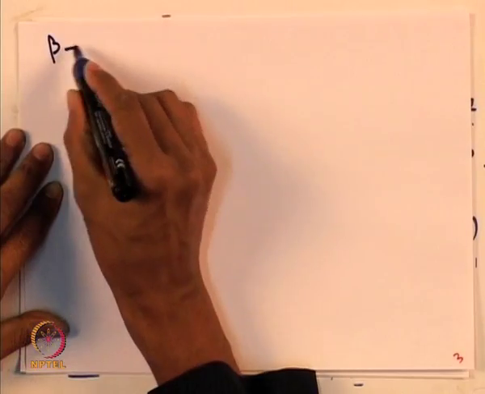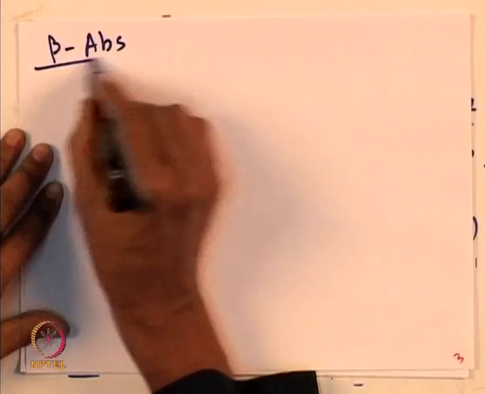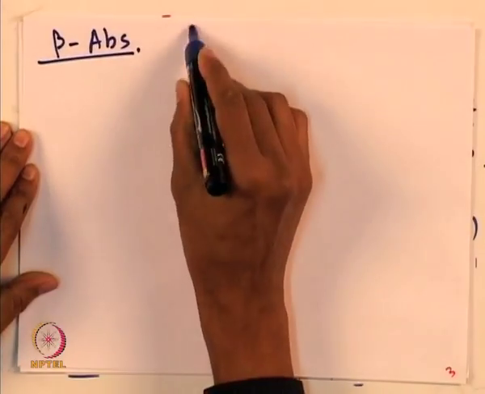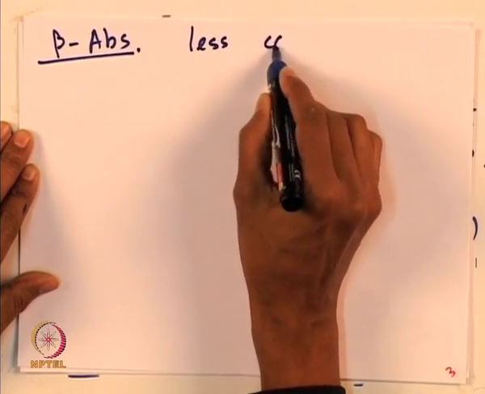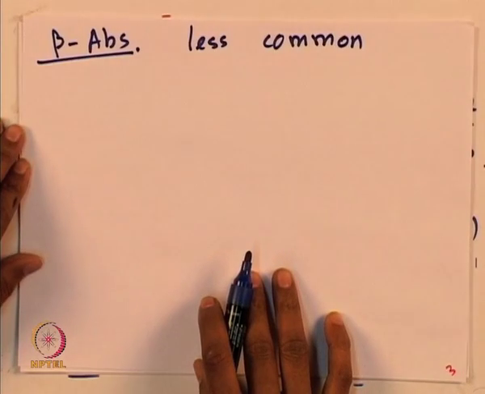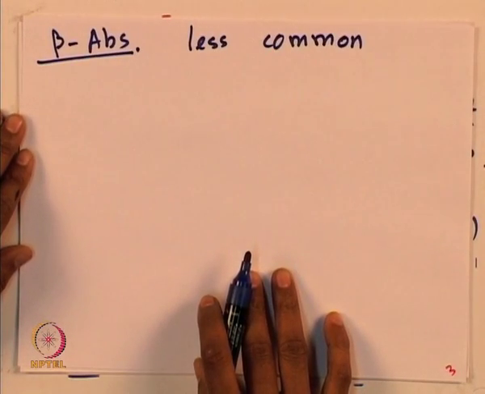So beta abstraction. Now, of course, this is less common. The more common pathway, as you have learned, is beta elimination.